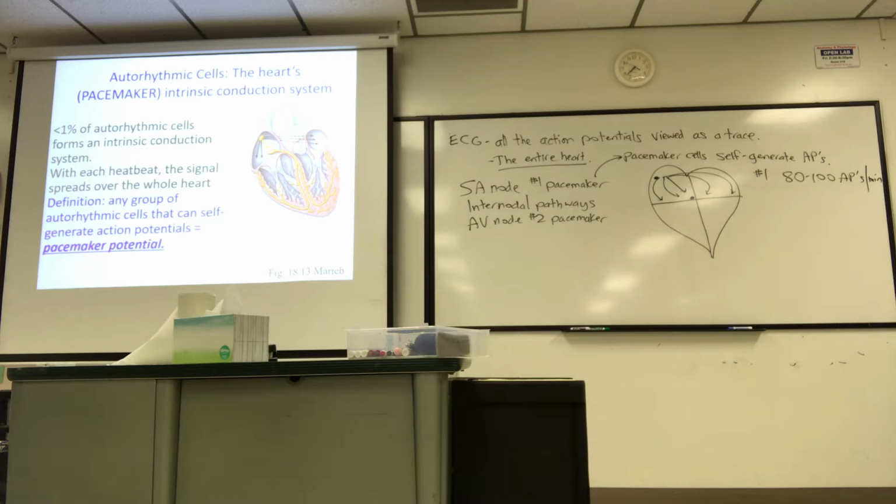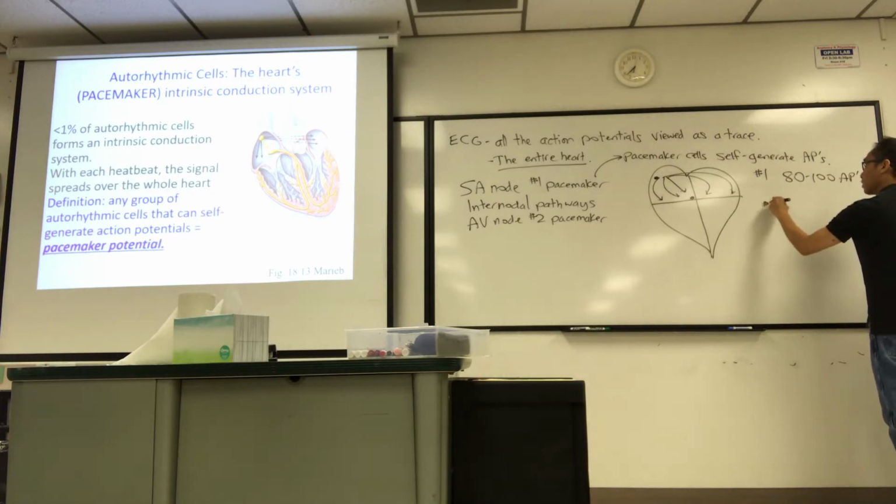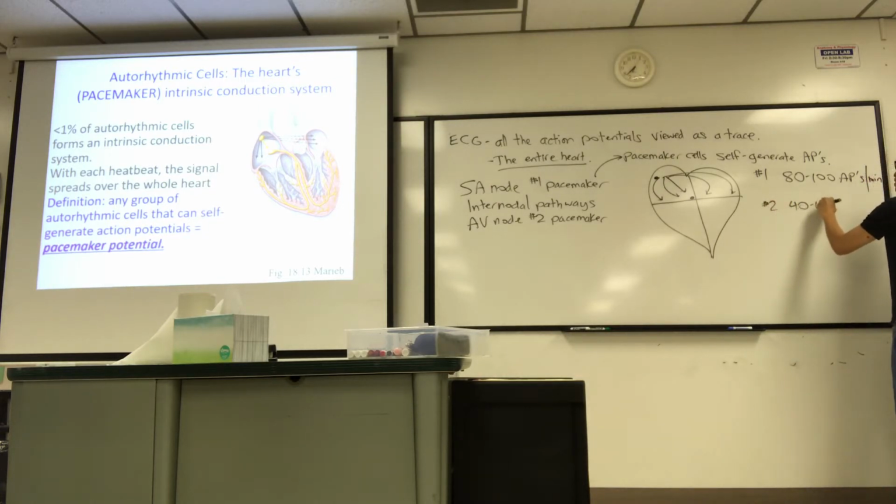Now your resting heart rate on average is slower than that, which tells you there's some autonomic dampening effect. So if that's the strongest pacemaker, the number two pacemaker can generate 40 to 60 APs per minute. So if anything poops out with number one, number two should take over. That's kind of a pecking order here.